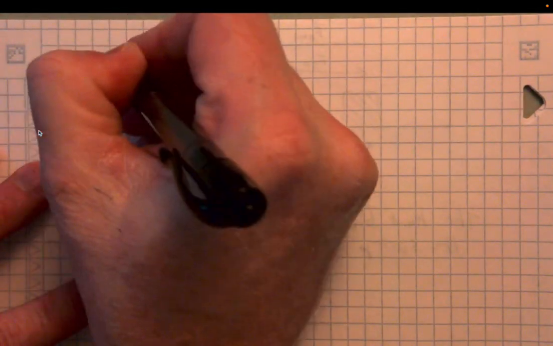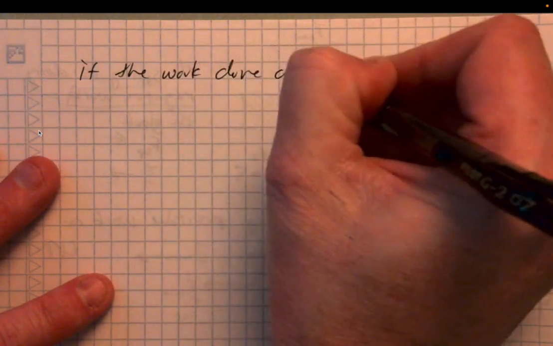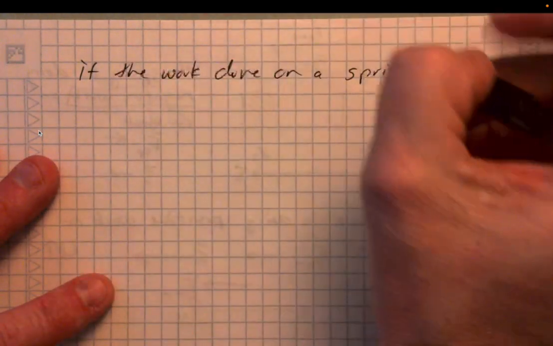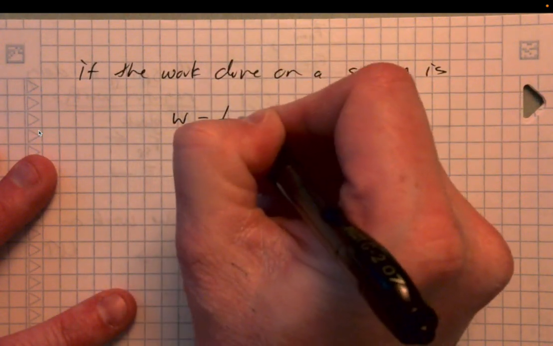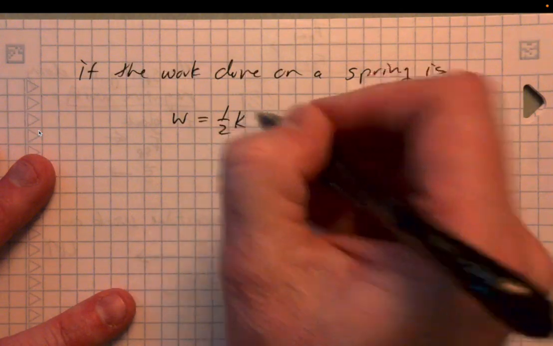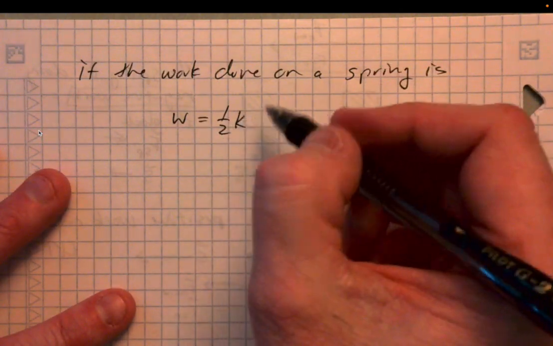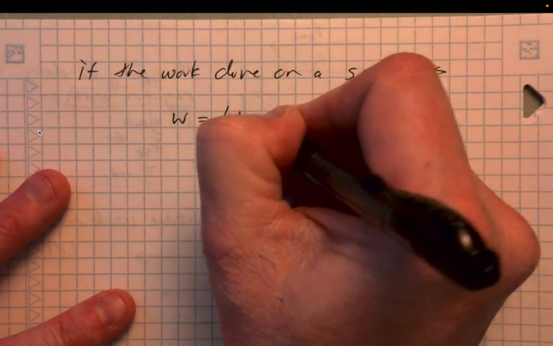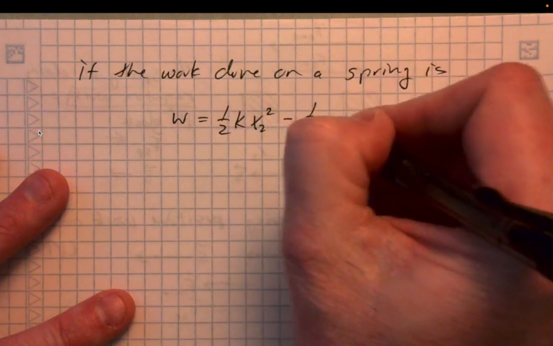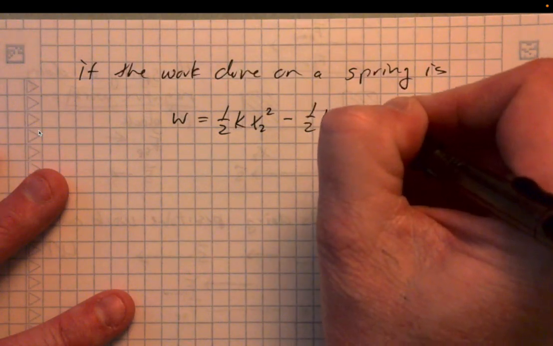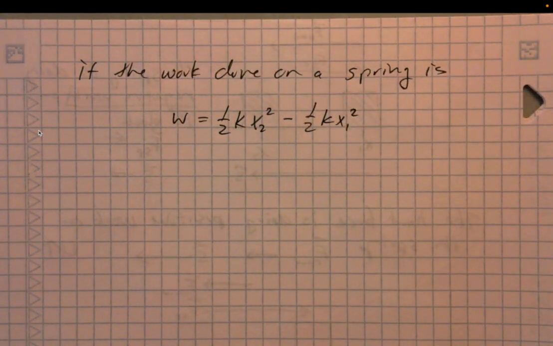We say that the work done on a spring is, and we can see that this would be the case, the work is equal to 1/2 the spring constant, the force there is going to be basically kx, and then we square that, so 1/2 kx final squared minus 1/2 kx initial squared. So this is the work done on a spring, by the hand.